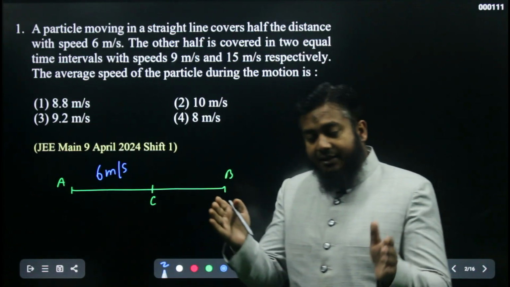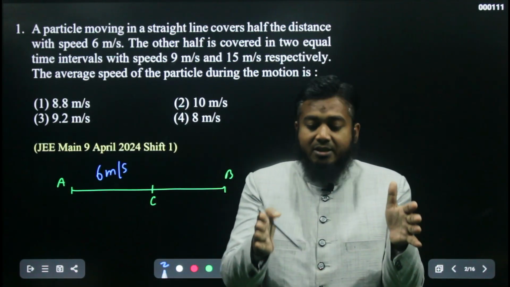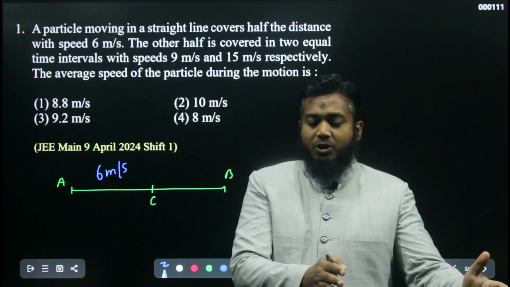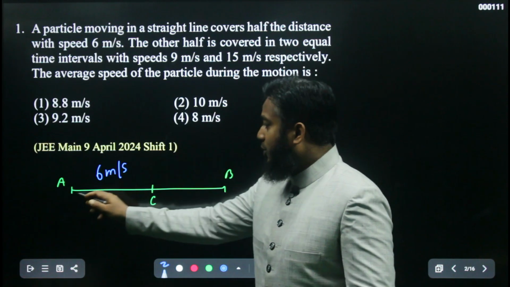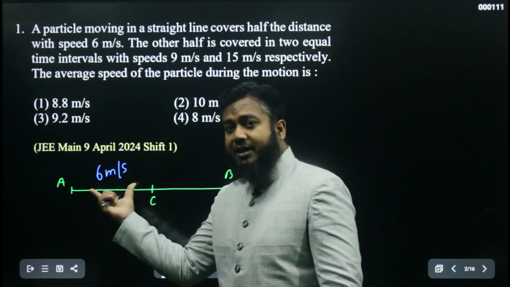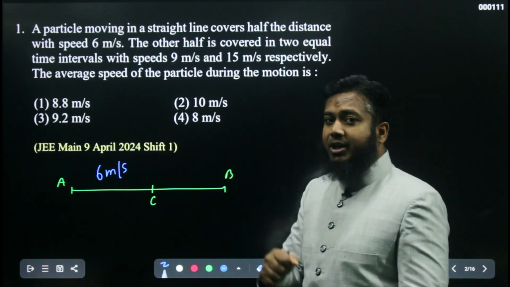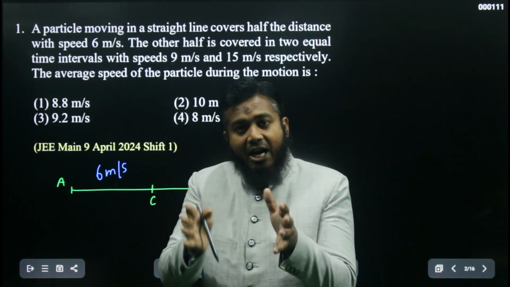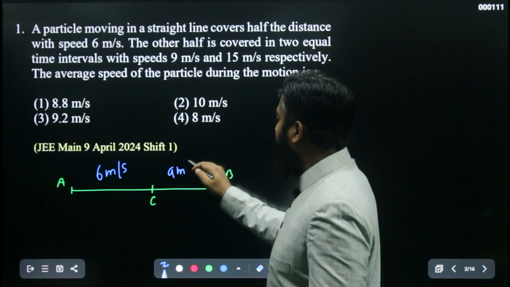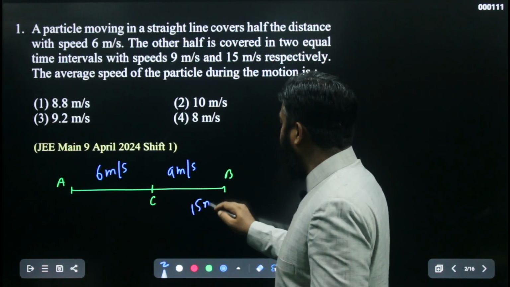Okay, and in the next half distance, this distance has been covered in two equal time intervals. So for example, the particle is moving from A to B, say this is 100 kilometer. So first 50 kilometer has been covered with 6 meters per second, and the remaining 50 kilometer, for first half time the particle was moving with speed 9 meters per second, and for the latter half time it is moving with 15 meters per second.